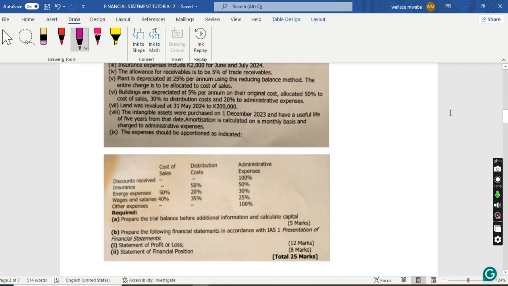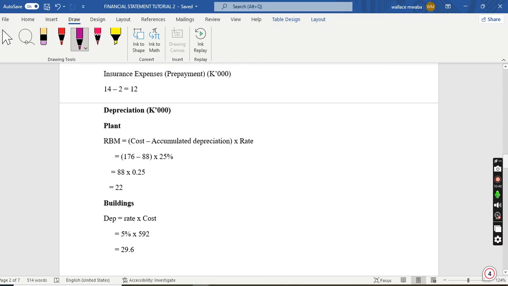So first things first, we need to get our cost of sales. Then we're going to do these apportionments. 50% of the energy expenses will be added to the cost of sales. 40% of the wages and salaries are going to be added to cost of sales. So let's first find our cost of sales.